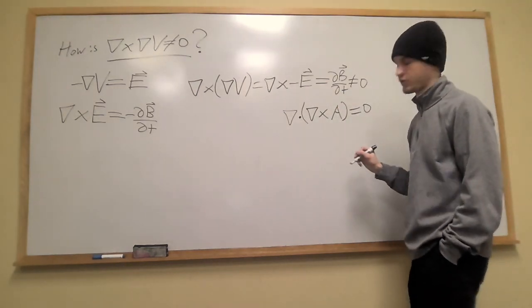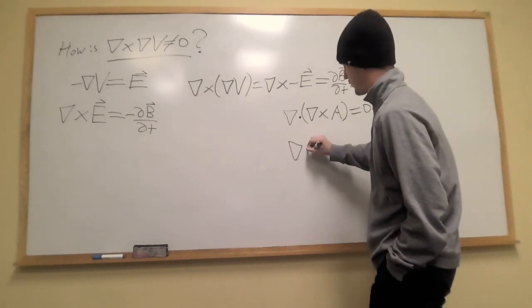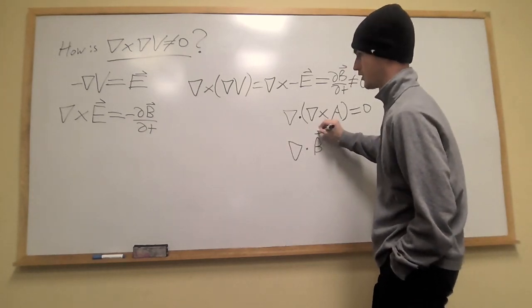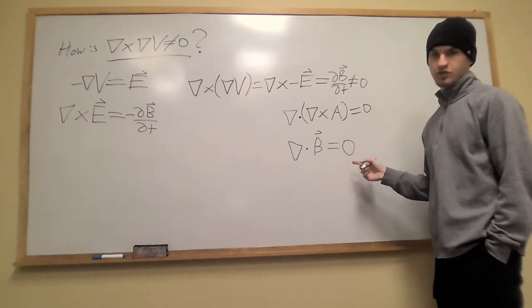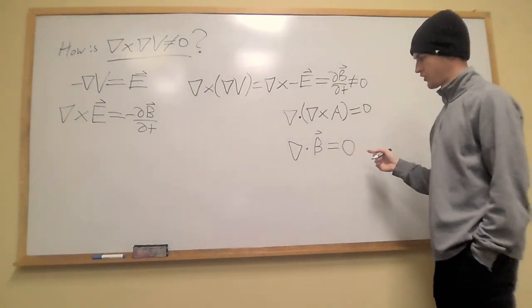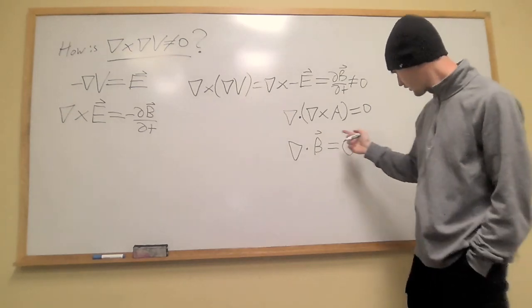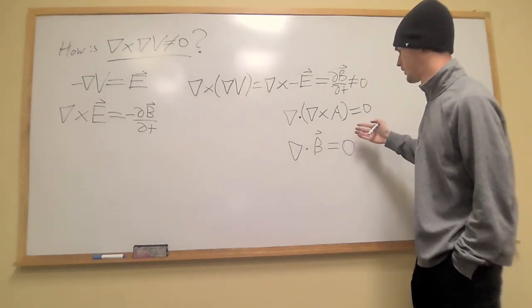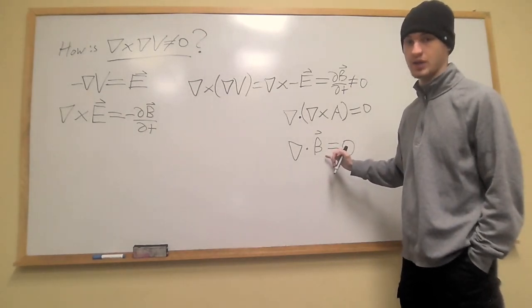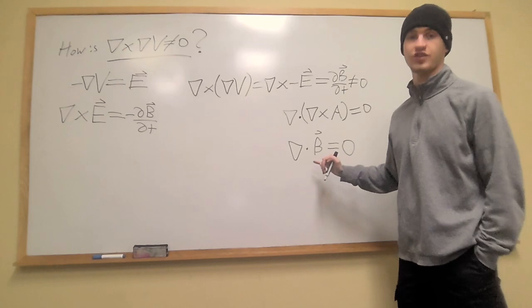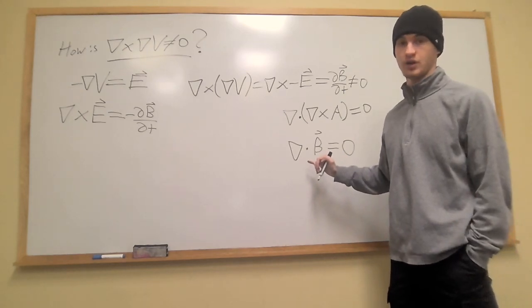And we know from the Maxwell equations that the divergence of the magnetic field is equal to 0. This just means that there are complete loops in the vector field and there are no sinks or sources. So what if we represented the B field, because we know that its divergence is 0, just like a curl field?